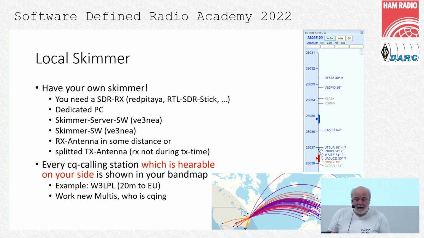This gives a lot of possible QSOs and also a lot of possible multipliers, so you are not searching and bouncing on the band when a new multiplier is calling CQ.